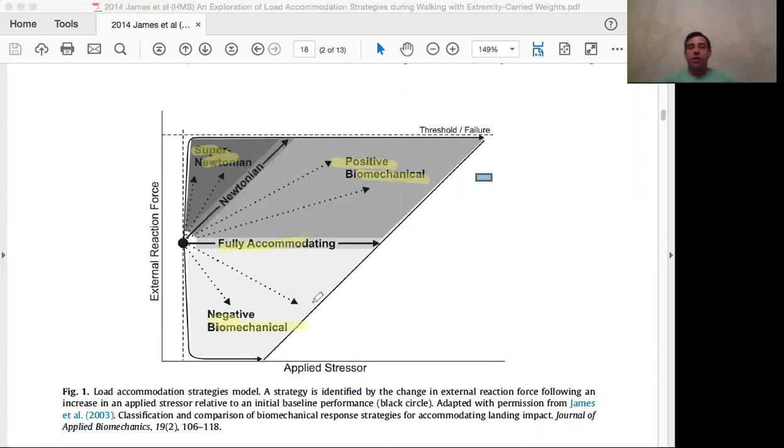So this is where it gets interesting, is understanding what each of these means, okay? So fully accommodating is simply that with the increase in mass, there is no increase in the force, ground reaction force that they measured, right?